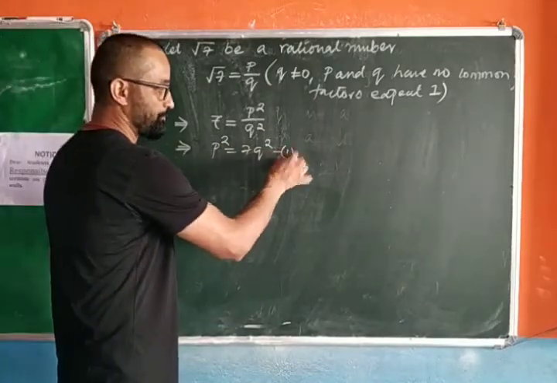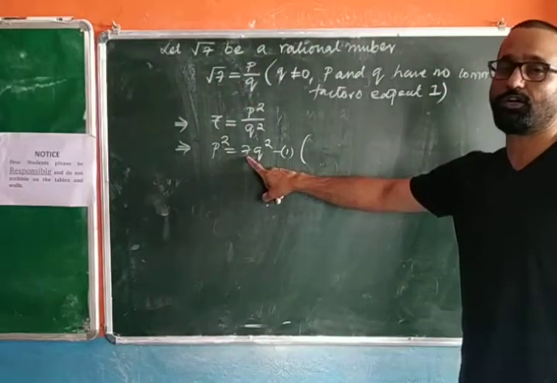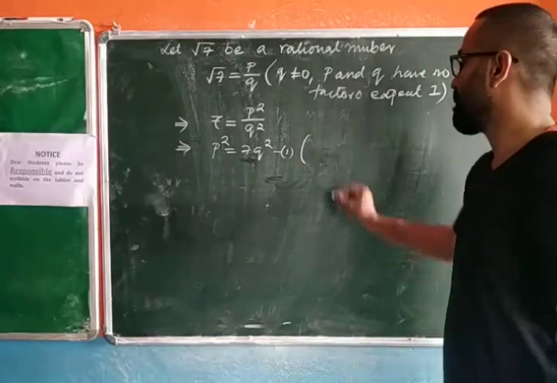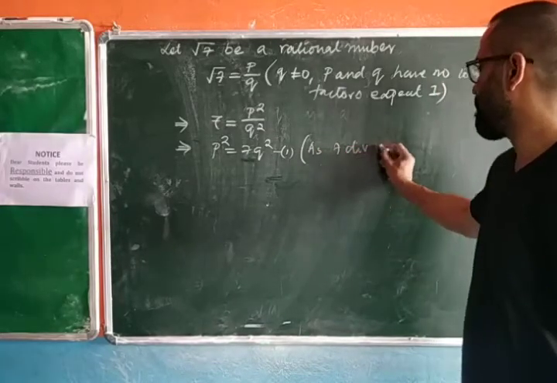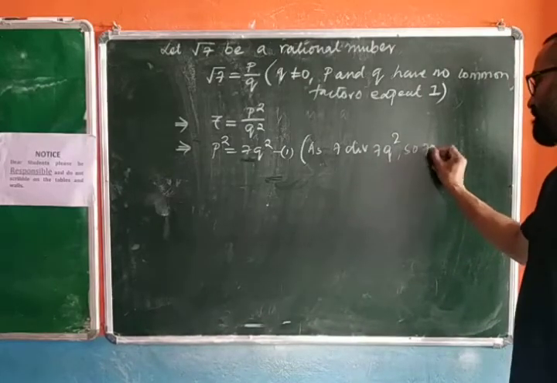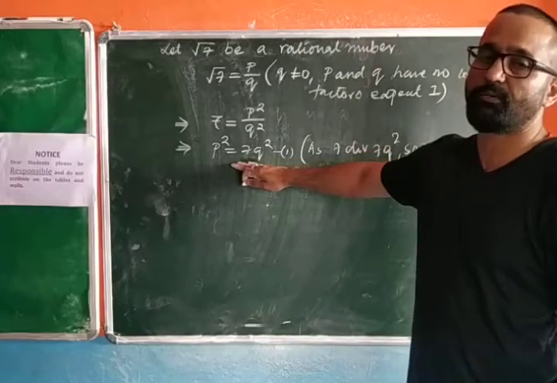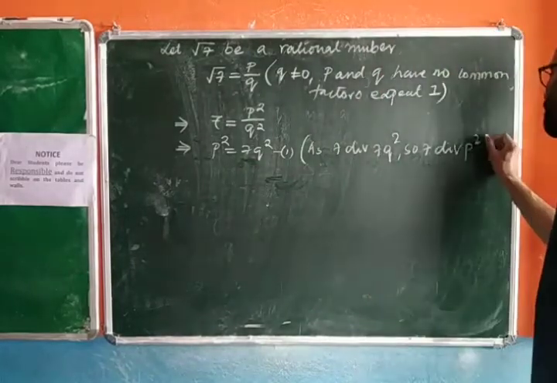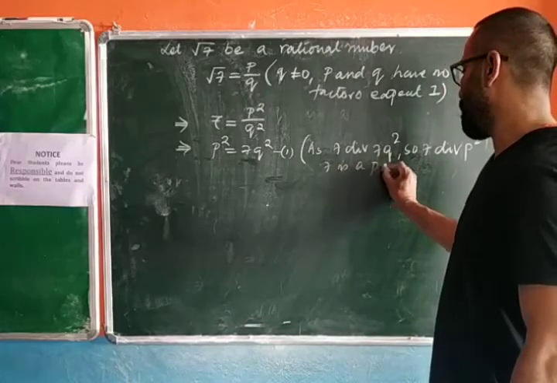Equation number 1. If you look at this equation, we have 7 in front of q square, which means this quantity is divisible by 7. So as 7 divides 7q square, 7 divides p square. If the left hand side is divisible by 7, the right hand side should also be divisible by 7, where 7 is a prime number.